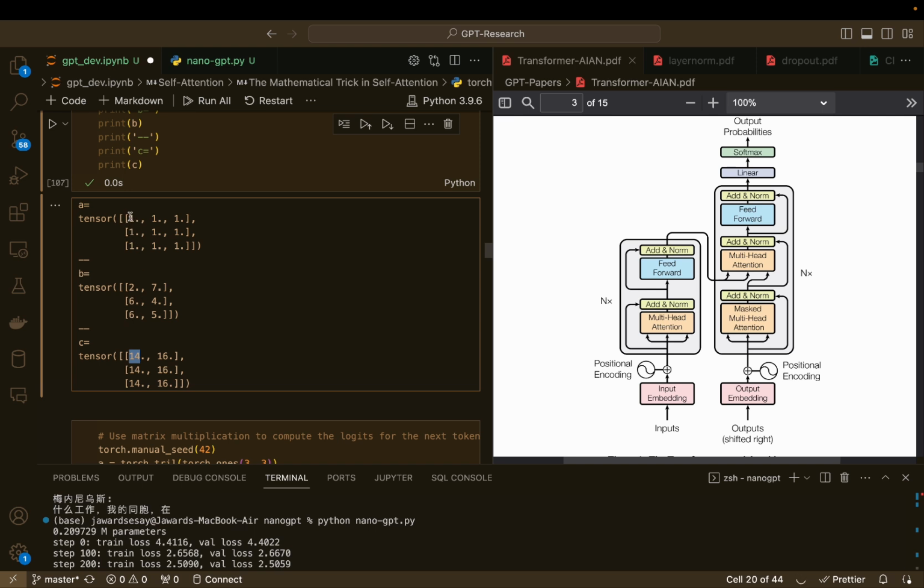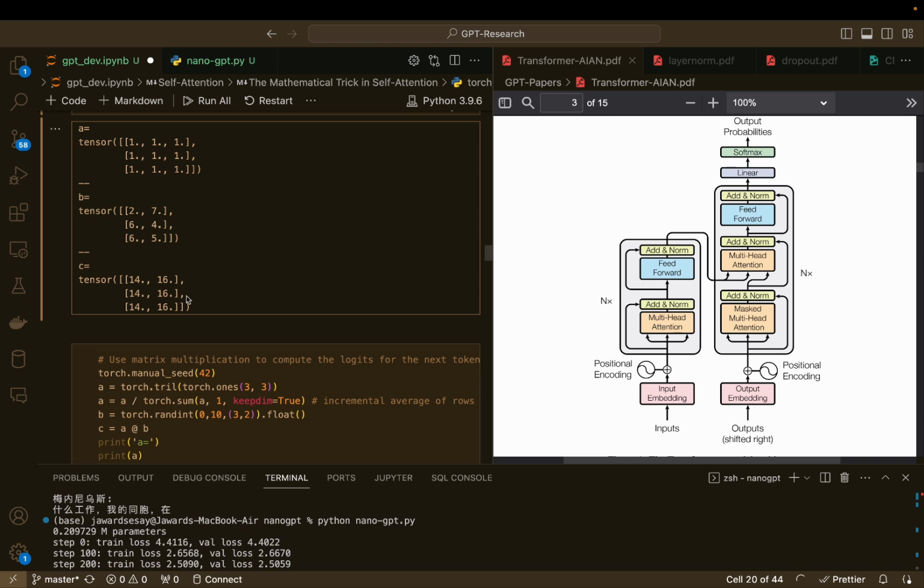That is because our values here are all ones, so it would just basically be the sum. If we do the second one, it will be the same. The 16 value comes from multiplying this row, and you can see it's just the sum of these values. So this is quite good, but it's not very efficient.